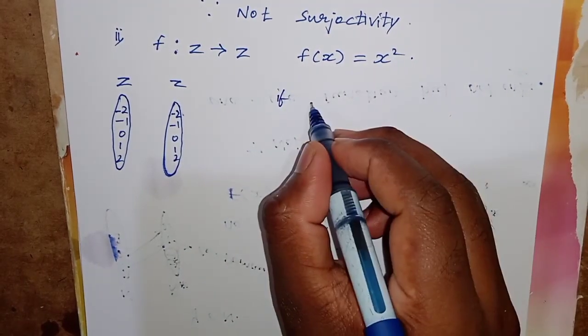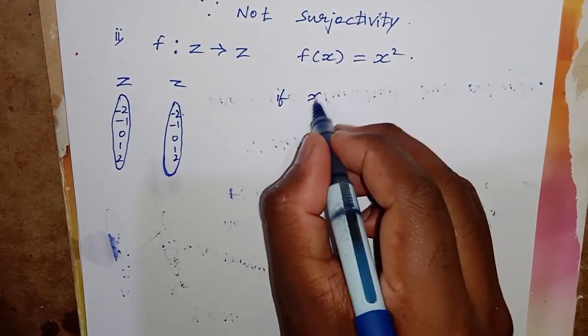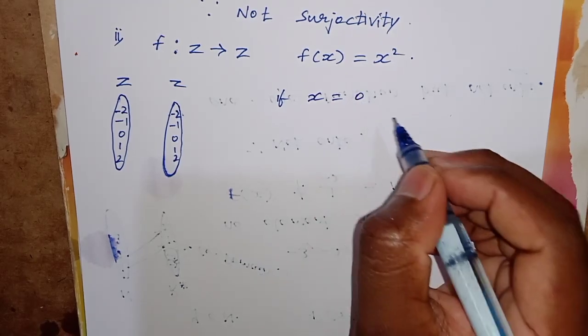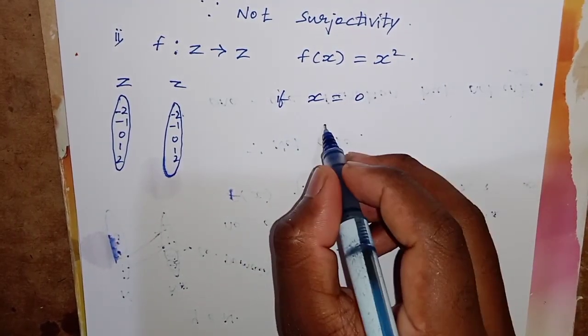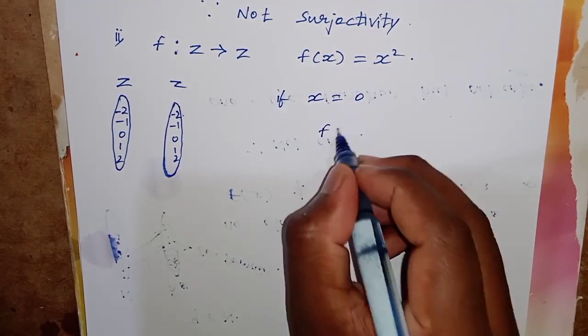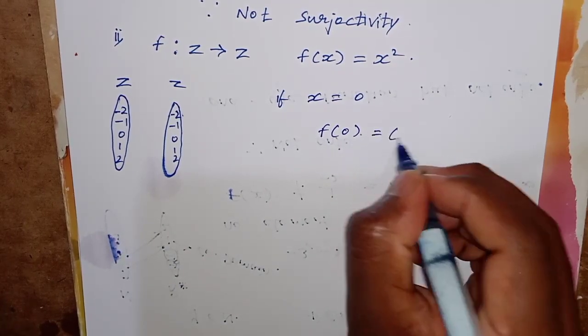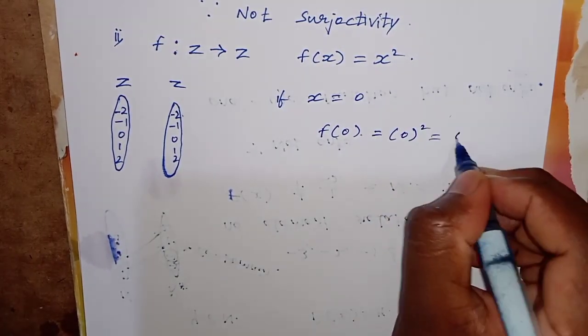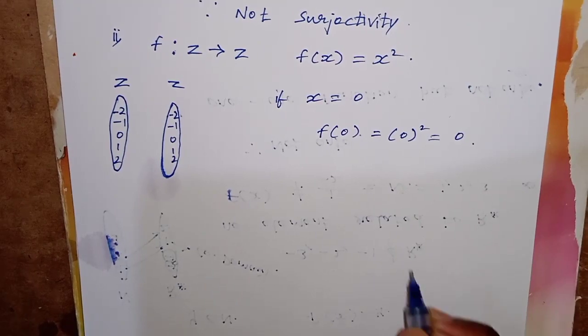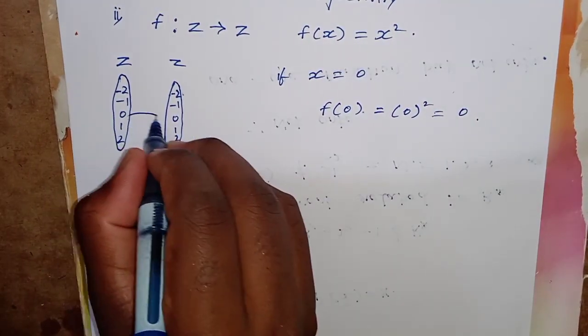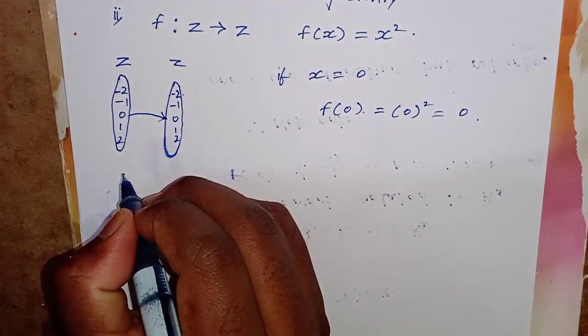Now I am substituting x equal to 0. x equal to 0 means f of 0, 0 the whole square, equal to again 0. Therefore the first one is 0.